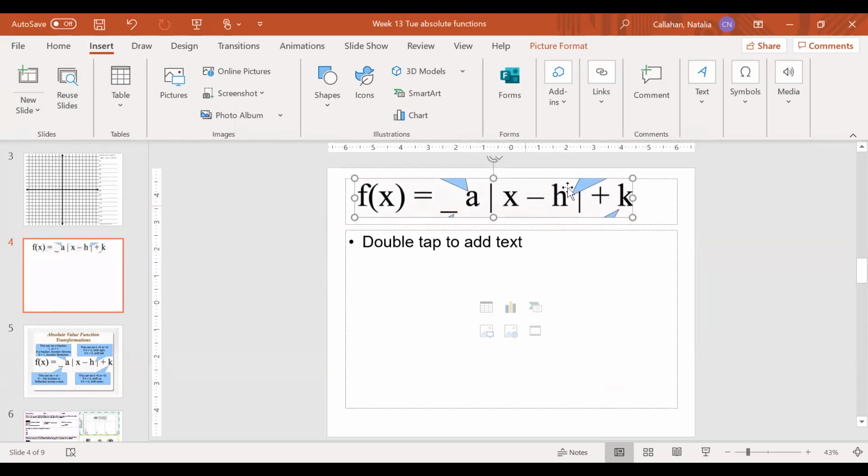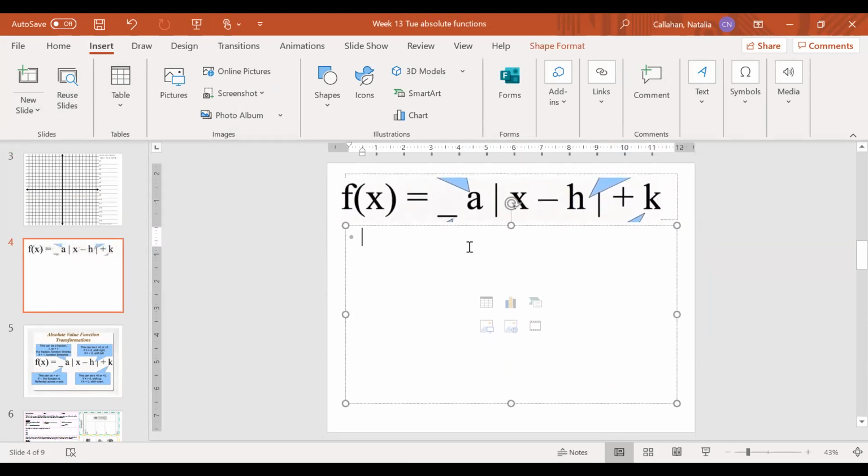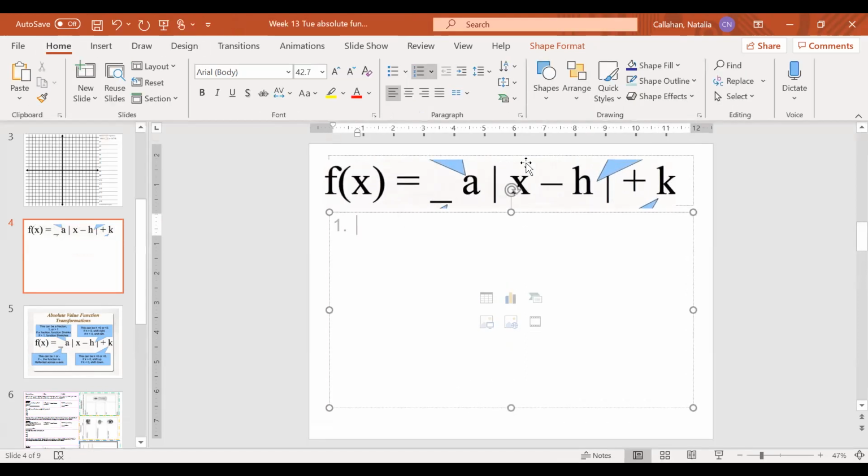You have an A, X, H, and K. Now, from this equation, I want you to tell me which letter tells you to go up and how do you know when to go up?